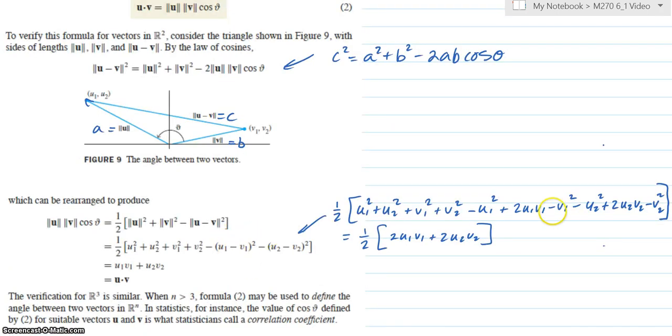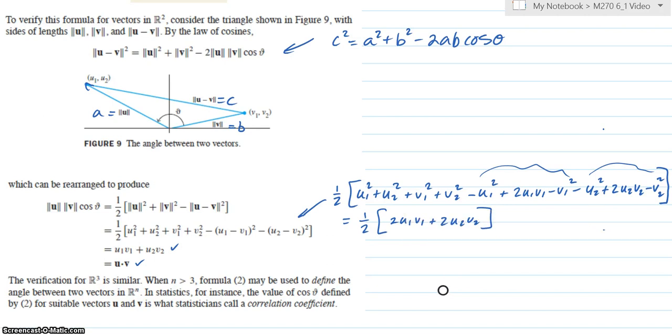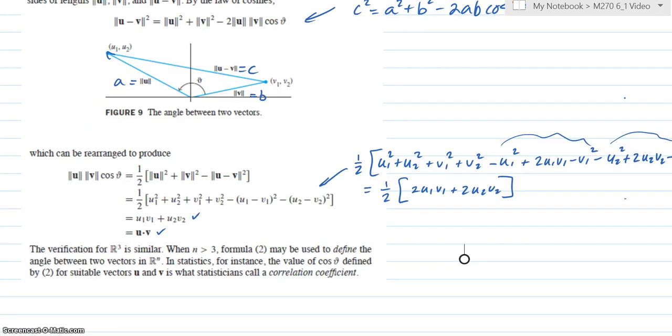You can see if you expand this out, you get this, but making sure you put a minus through everywhere. And then this would be this one. And you cancel all the u squares, and the v1 squares and the v2 squares will all cancel, giving you this. So you end up with this, which is u dot v. The verification for R3 is very similar, but it only works for R2 and R3.